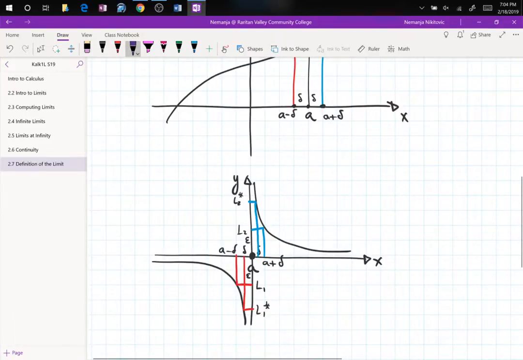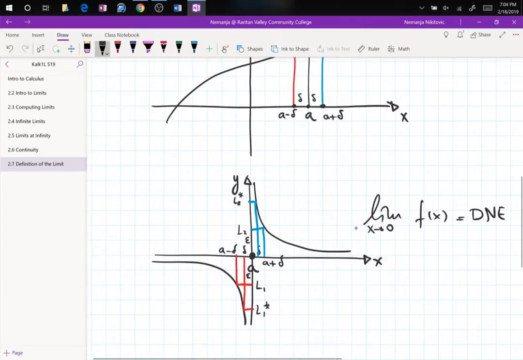So in this case, the limit of f of x does not exist on the second one, as x goes to 0. Because, again, the more you squeeze deltas in, epsilons, instead of being infinitely small, become infinitely big.